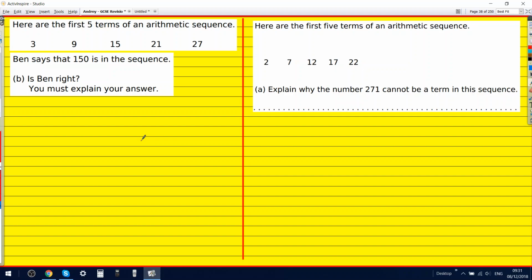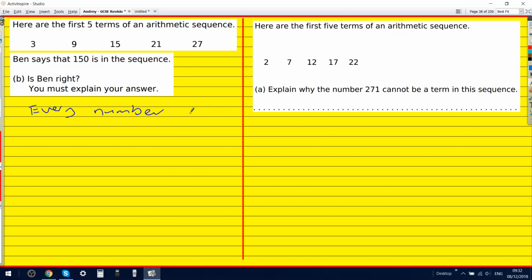Ben says 150 is in the sequence. Is Ben right? Would you just say yes because 15's in the sequence? No. What do all the numbers in the sequence have in common? They are all multiples of 3.